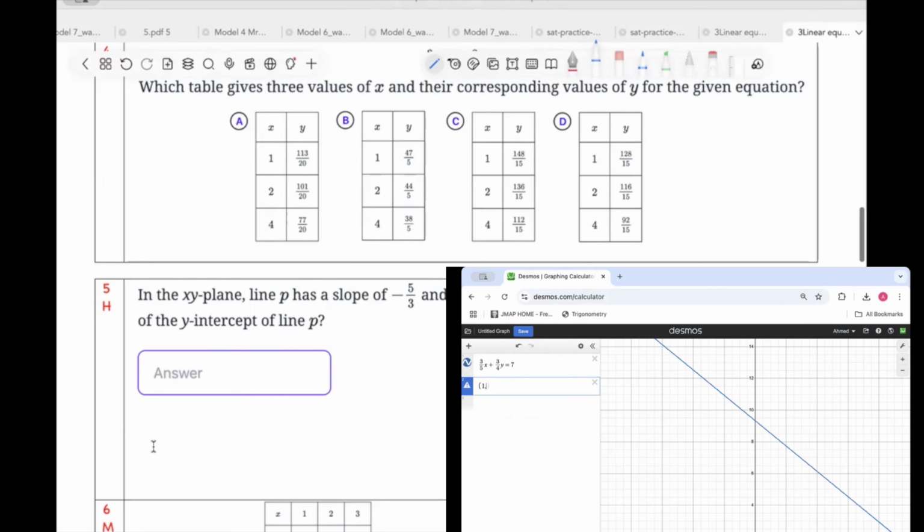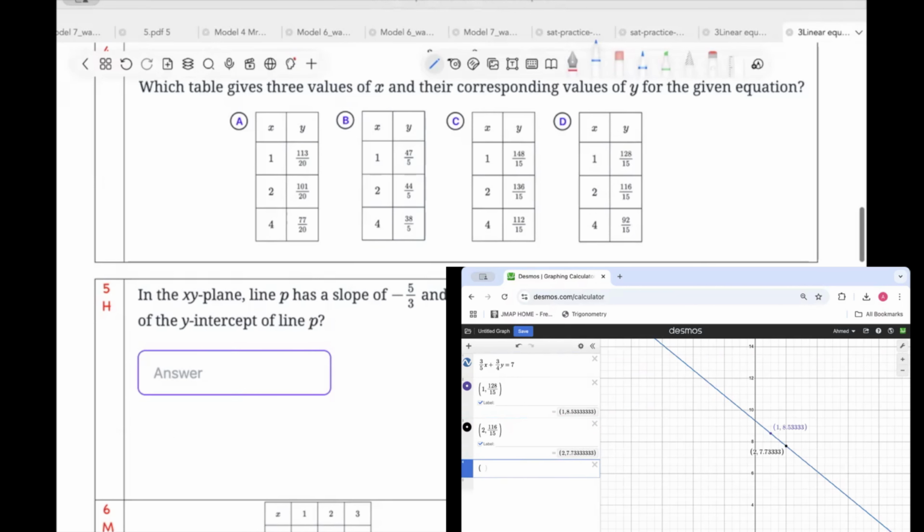Let's move to another one. For example, if you have D, if you have (1, 128/15). This is the first point. It lies on the straight line, so it satisfies the equation. We can check the other 2 points. This is (2, 116/15).